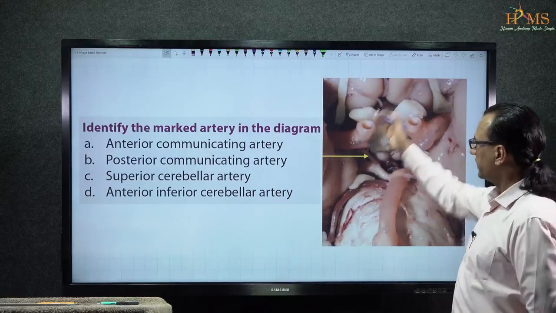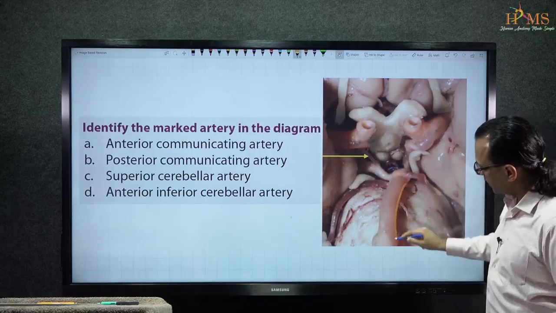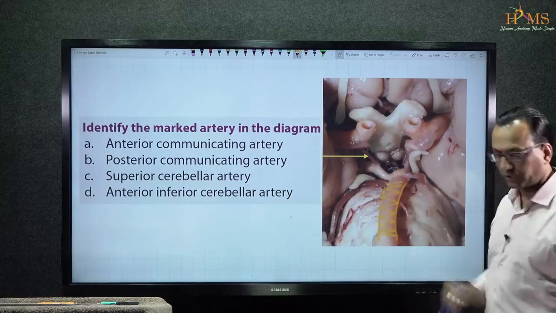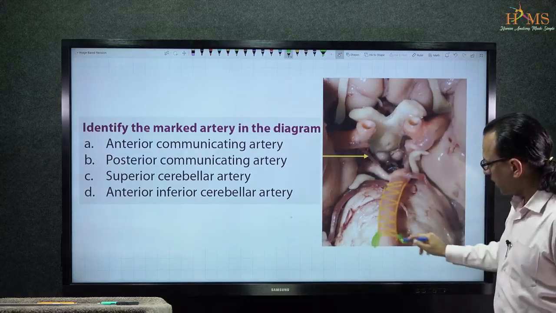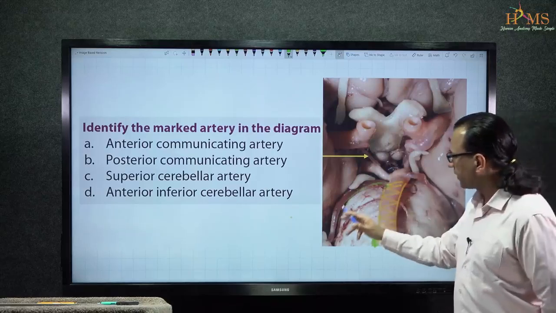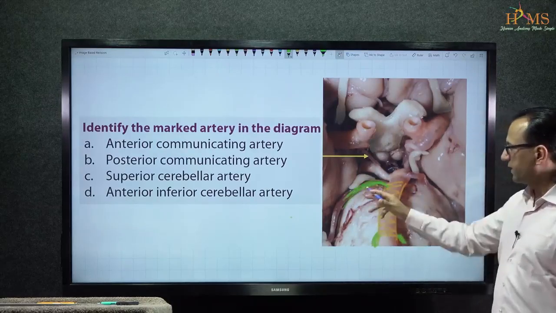As you find, it is asking for the marked artery in this diagram. It is the circle of Willis at the base of the brain. You can notice that this is the basilar artery which is running at the base of the pons and giving some branches. It has already given the anterior inferior cerebellar artery to the cerebellum here. Then it is giving the superior cerebellar artery which is seen on one side clearly.